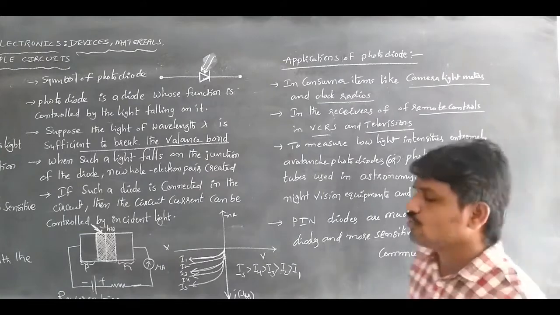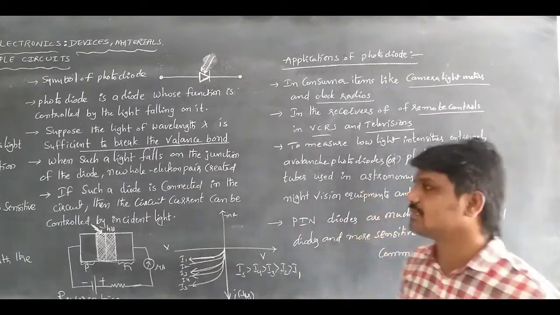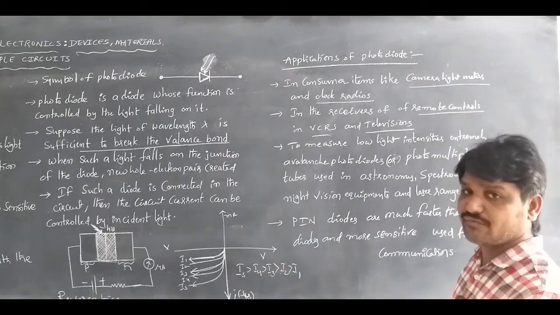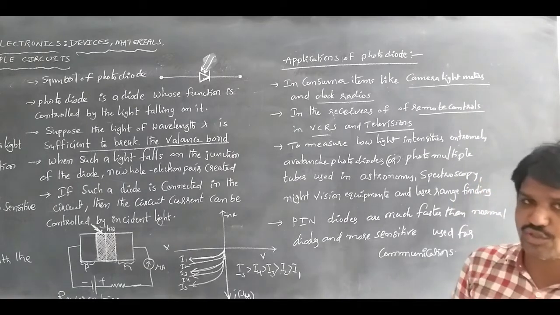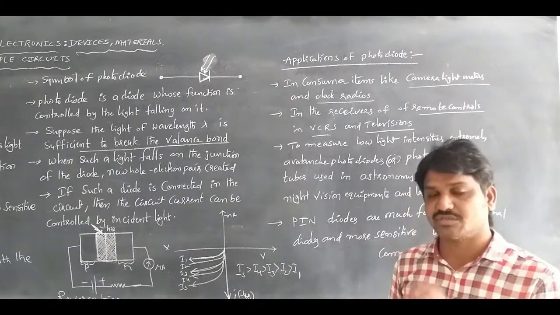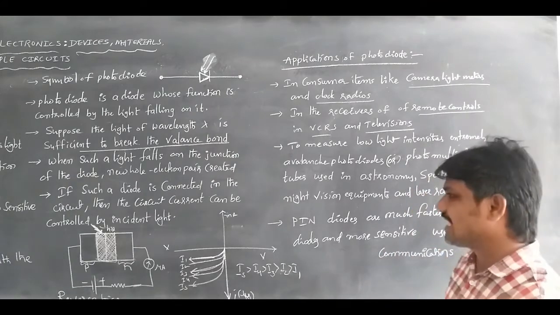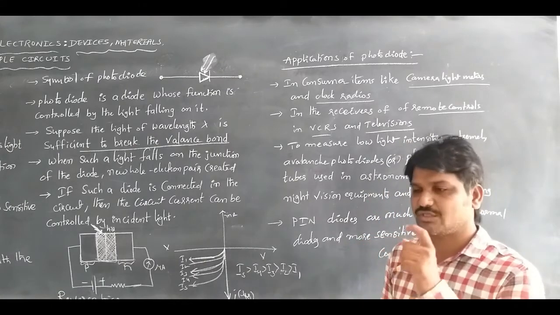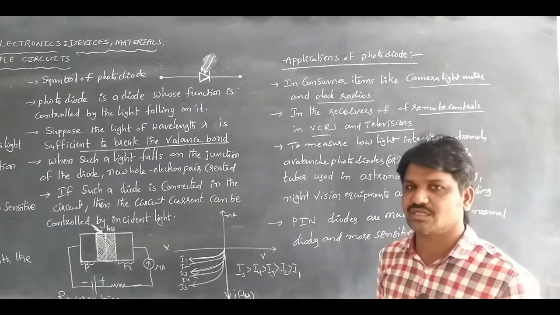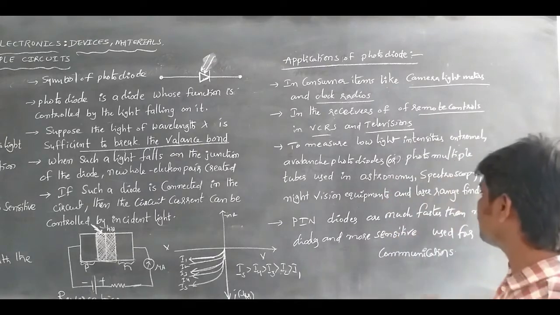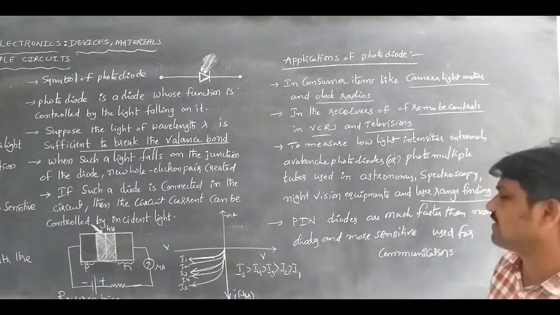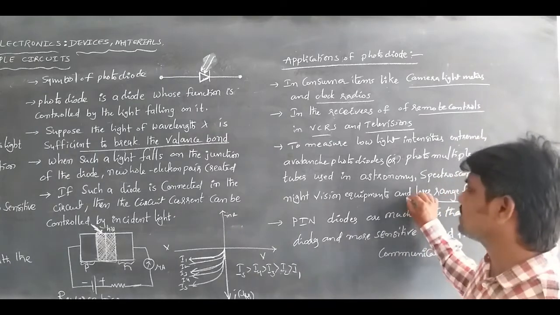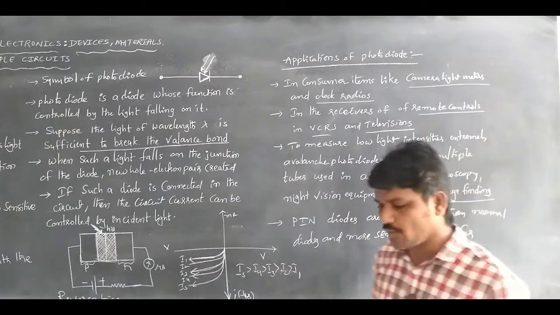To measure extremely low light intensities, avalanche photodiodes are used. We know avalanche breakdown. Avalanche photodiodes and photomultiplier tubes are used in spectroscopy and astronomy, and also in night vision equipment, where without glare we can see everything at night. Photodiodes are also useful in laser range finding, and also the pin diode.